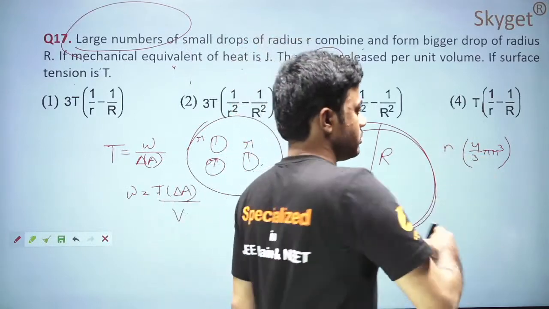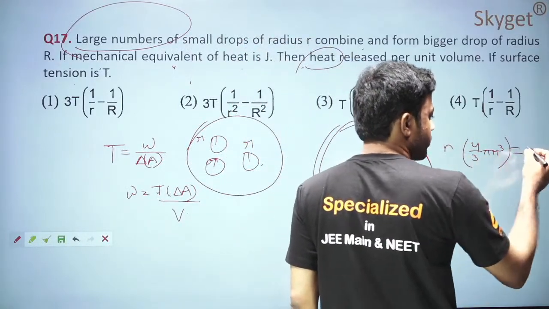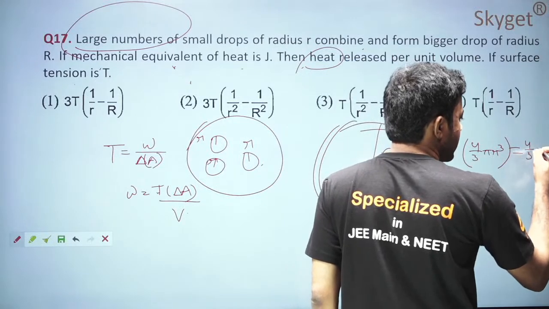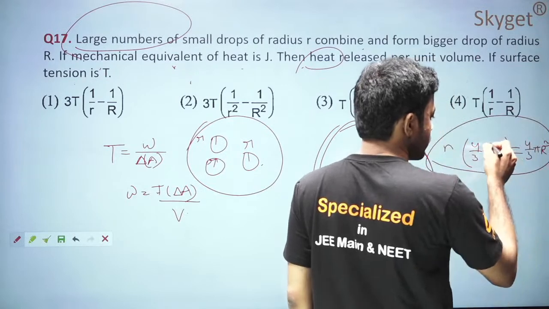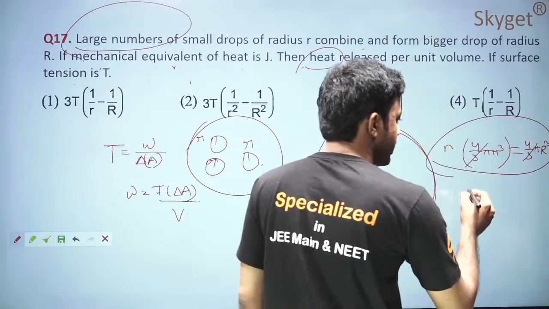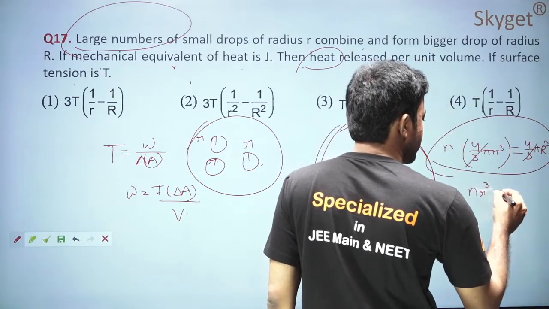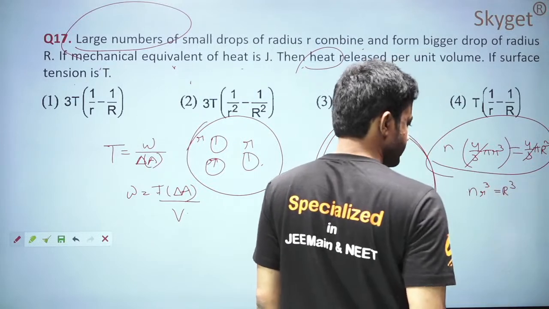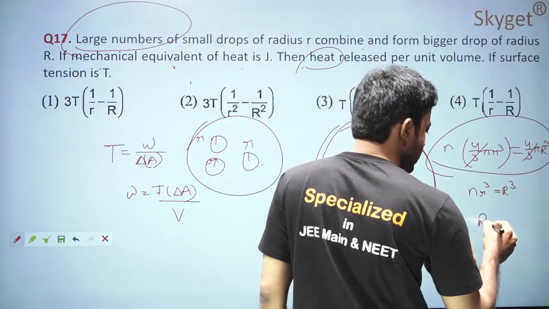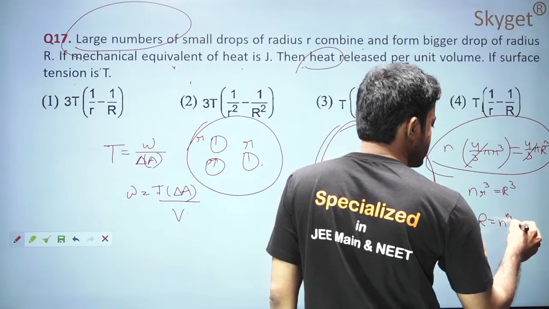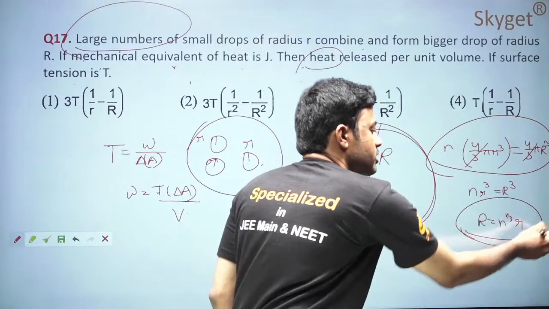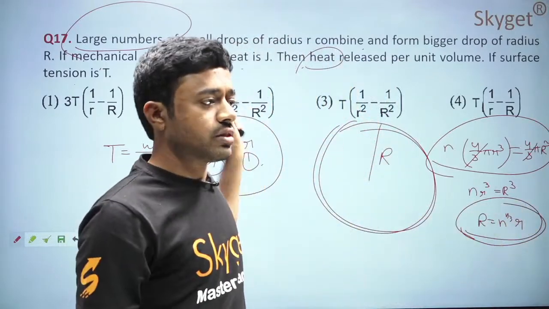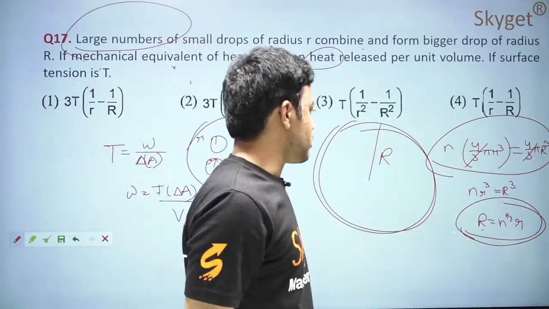These n drops combine to form a larger drop of radius capital R. So 4 by 3 pi n r cube is equal to 4 by 3 pi R cube. So R is equal to n power 1 by 3 r. This is the exact relation between the radius of these smaller drops and the larger drop.